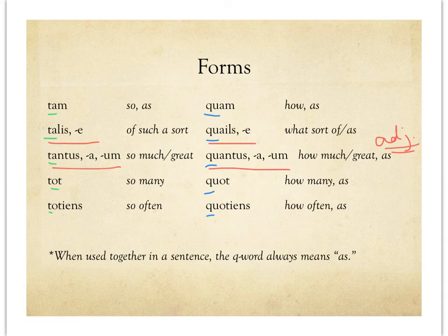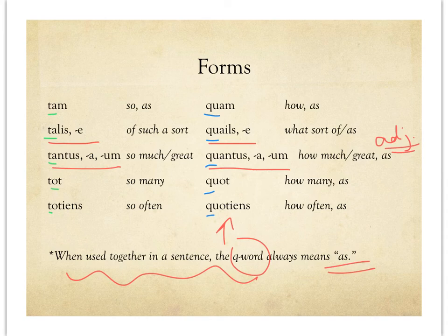But when these are used together, the Q word always means as. You can see tam means so, talis of such a sort, tantus so much or so great, tot so many, totiens so often.